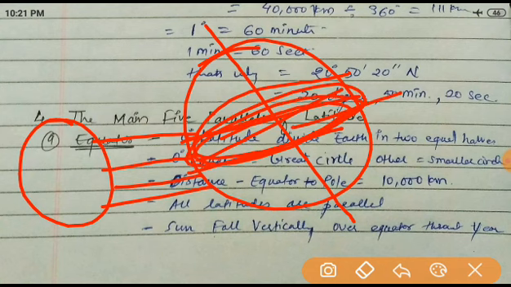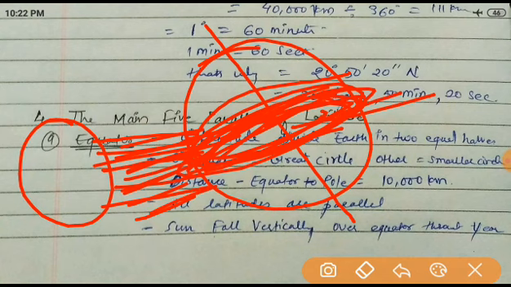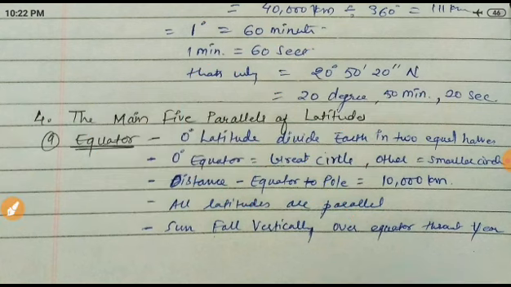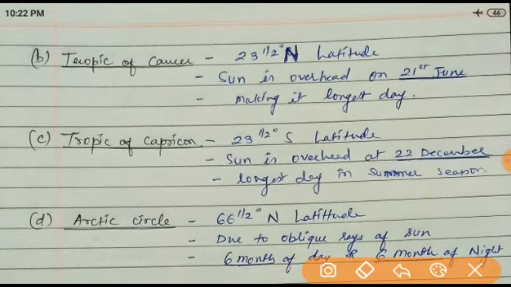That's why, as I will explain in the next lecture, it is a completely hot region near the equator. Why? Because the direct sunlight is there the whole year, the same sunlight incident on this area. Okay, next, the next very important line is the Tropic of Cancer. Now what is the Tropic of Cancer?